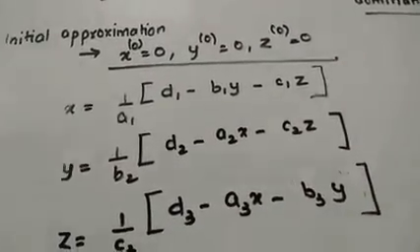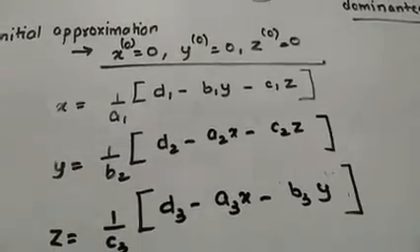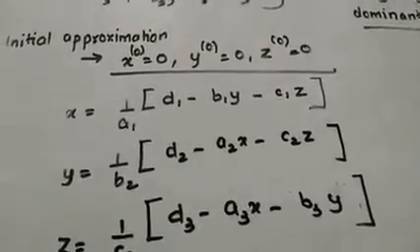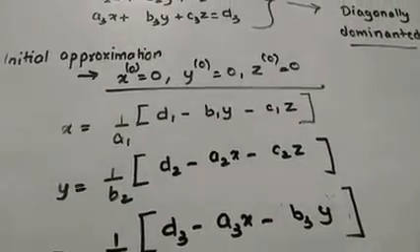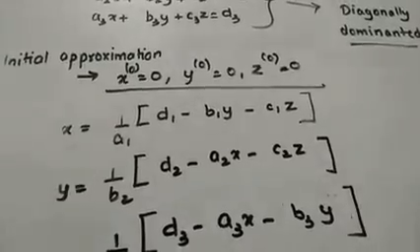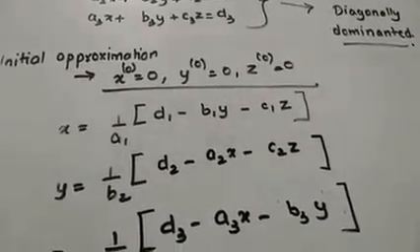But the Gauss-Seidel method is a cyclic method. That's why in the Gauss-Seidel method the number of iteration steps is much lesser compared to the Gauss-Jacobi method.